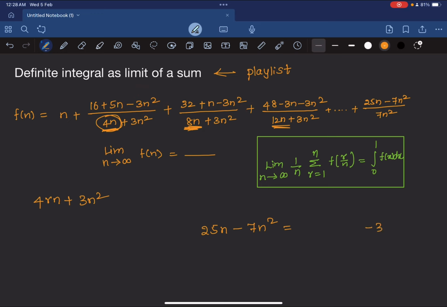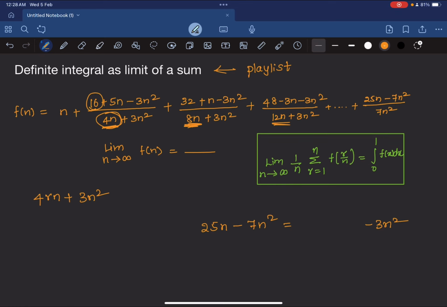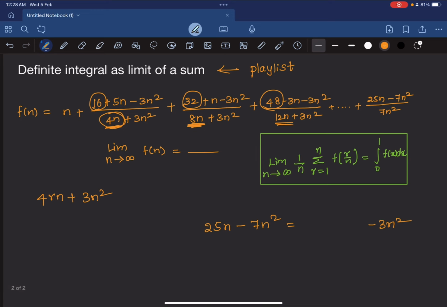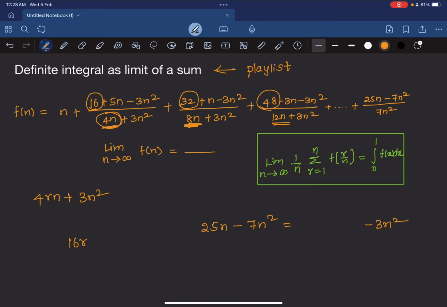Now this is 16 and this is 32 and this is 48. So that is like 16r. If you put r is equal to 1, you'll get 16, r is equal to 2, you'll get 32, r is equal to 3, you'll get 48. So it will be 16r.